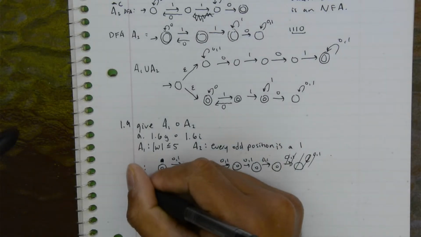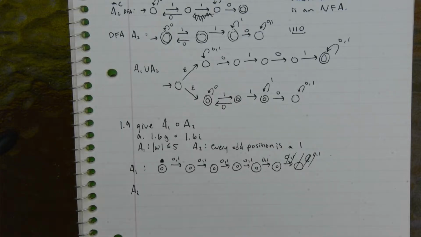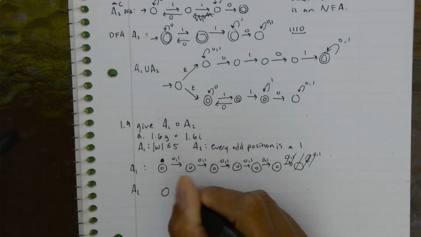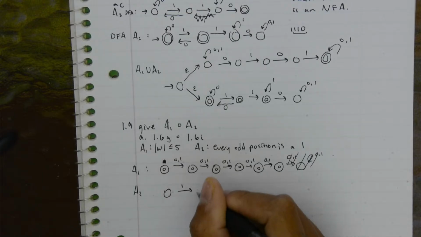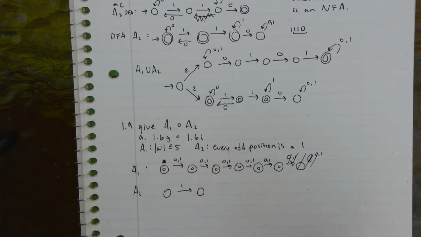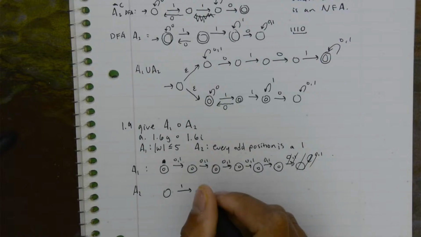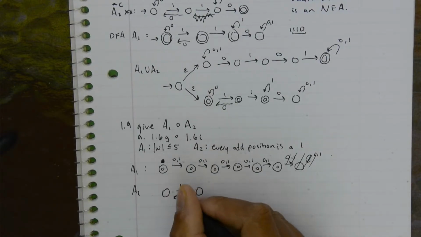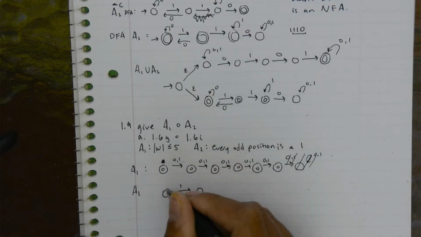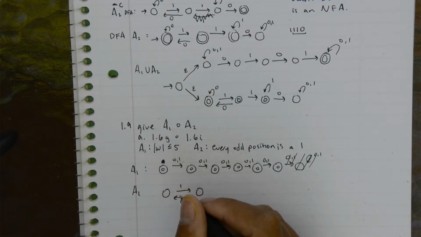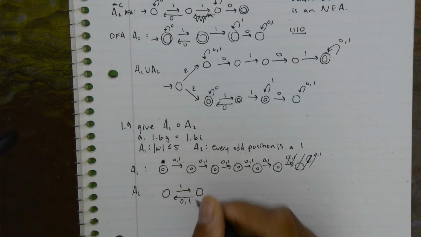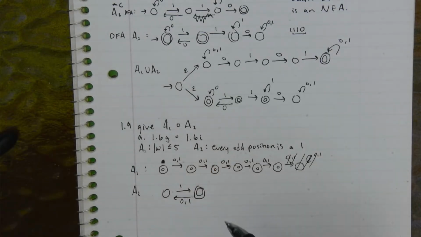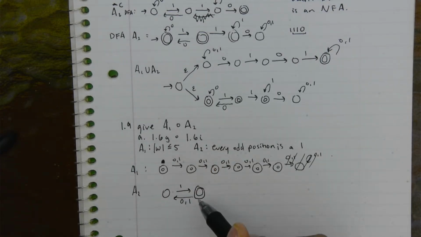Okay, so A2 is every odd position is a 1. So you go on a 1, then you take anything you want here.